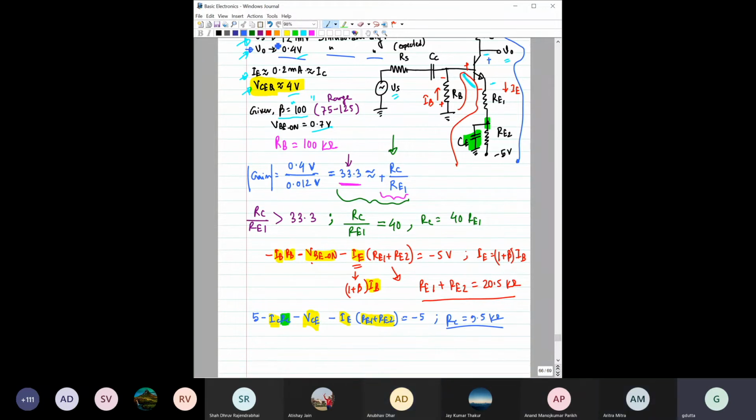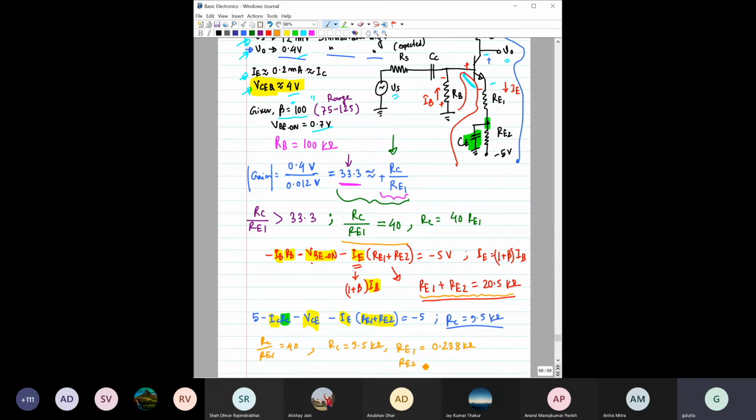Then we will use this equation, RC by RE1, we have taken it as 40. So here we know RC is 9.5 kilo ohm. That way we can find RE1. So from here, if you find RE1, it would come 0.238 kilo ohm, right?